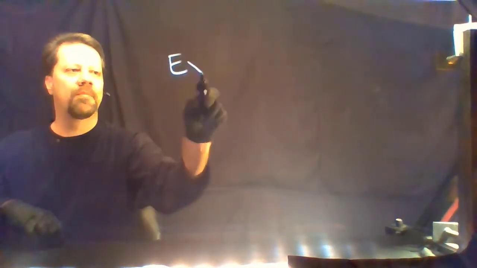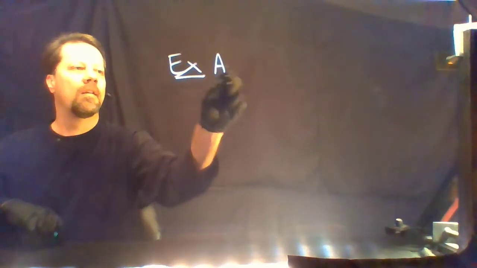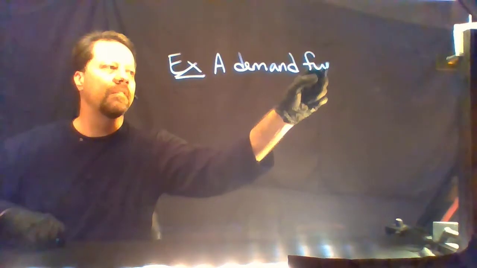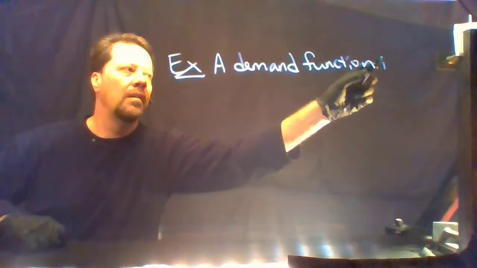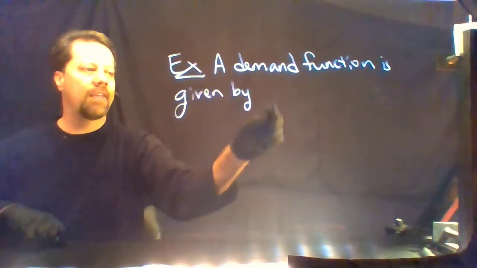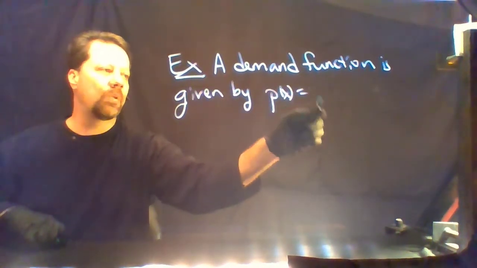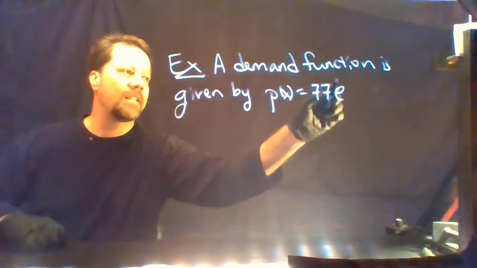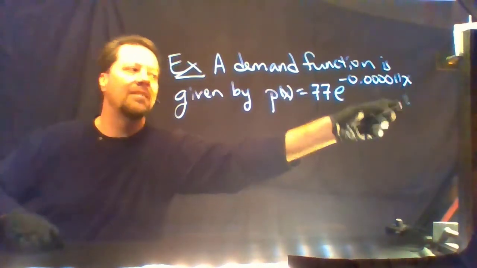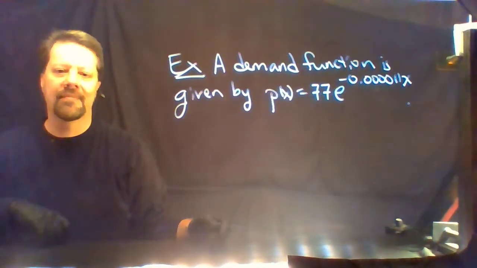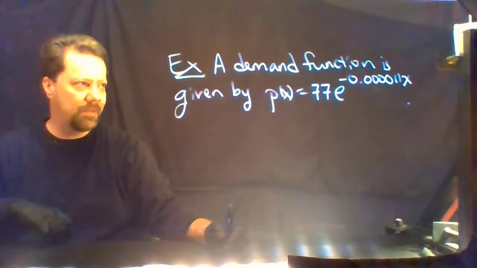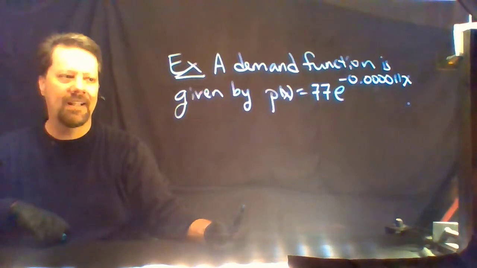On our next problem, we're told that a demand function is given by p of x equals, let's say, 77 e to the negative 0.000011x.